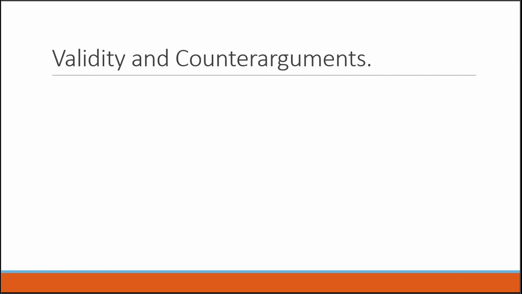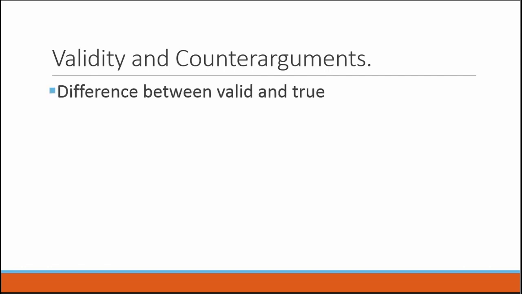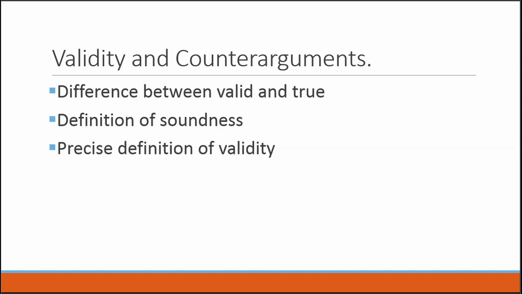Okay, that's the end of the lesson, so just keep in mind, here are the things that you should know by now. The difference between valid and true, and the definition of soundness, that it has all true premises and it's valid. You should know and understand the precise definition of validity.